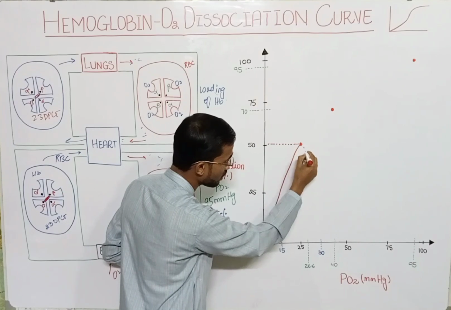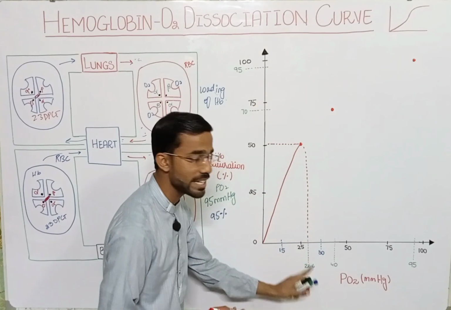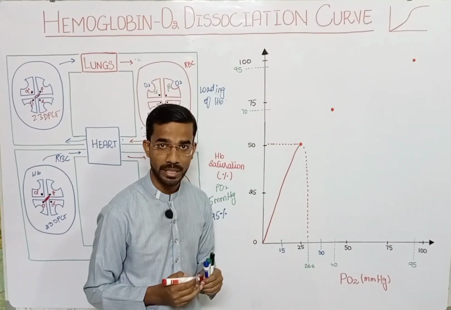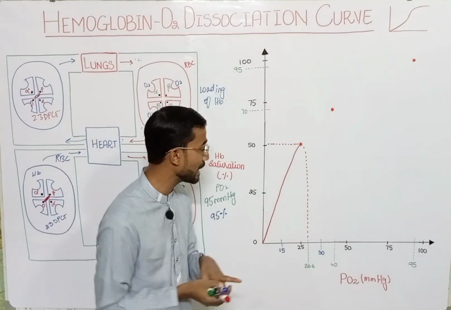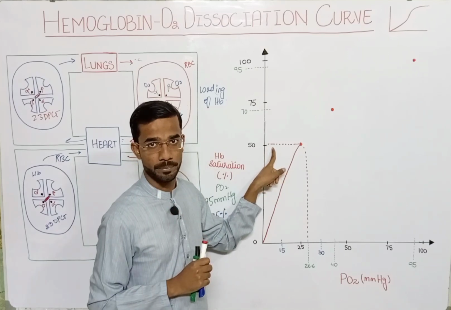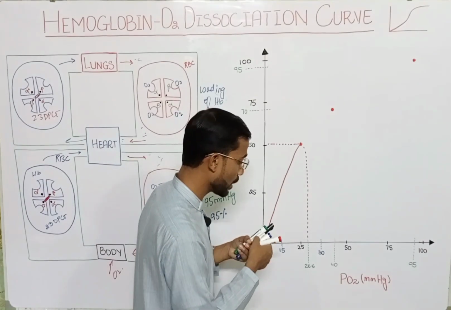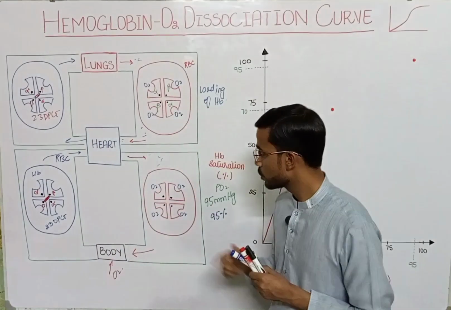At 26.6 millimeters of mercury partial pressure of oxygen, the hemoglobin will be 50% saturated. This is the case.